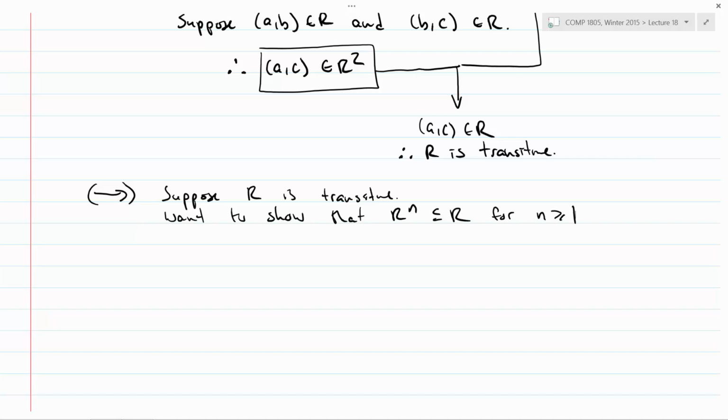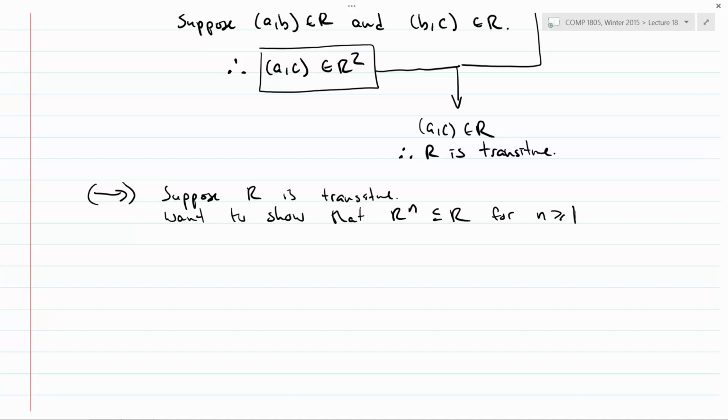All right, so one thing you might notice is that for sure n is a positive integer, right? N is at least 1, and it has to be an integer. You can't take a fraction of a composition. So really, this is asking us to show that R to the n is a subset of R for all positive integers n. So what does this tell us that maybe we could try here?